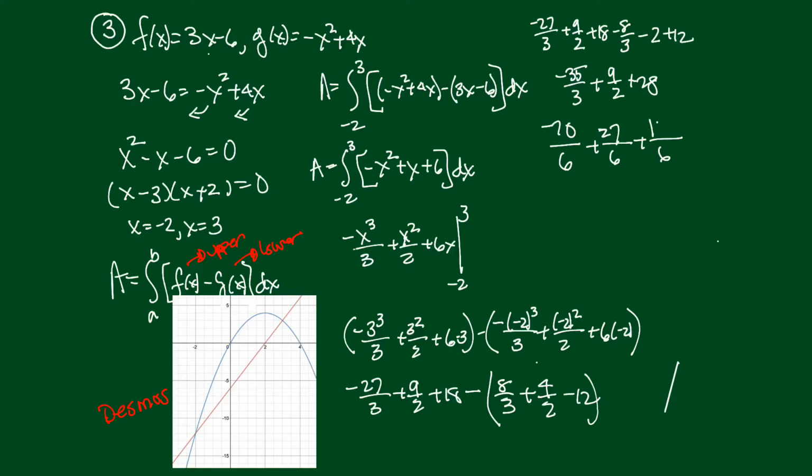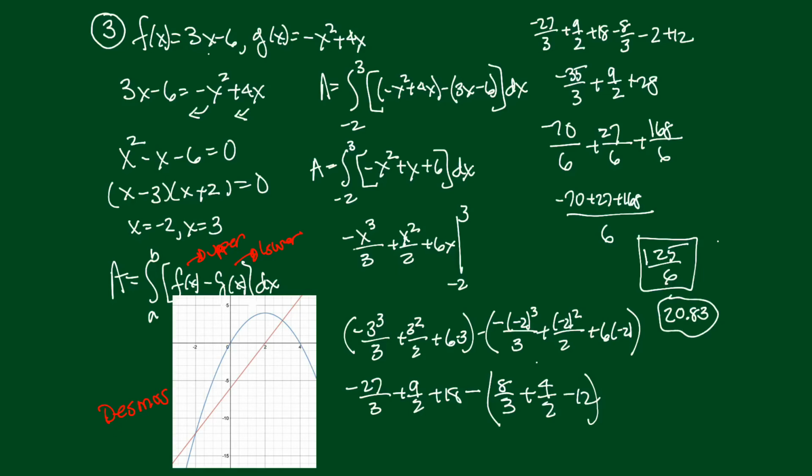And my calculator says that is 168. So now we're here, all this over 6. Negative 70 plus 27 plus 168. And I'm getting 125 over 6. Okay, so that's the exact value. On my calculator, I did that, and I'm going to round off to 2 places. 20.83, so either one of those is a good answer.